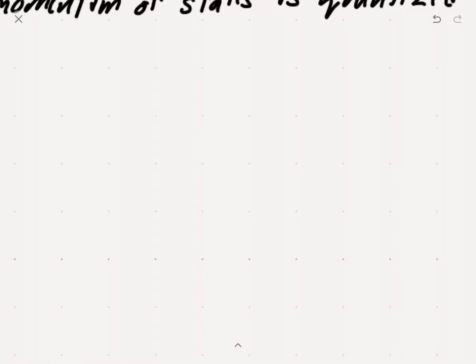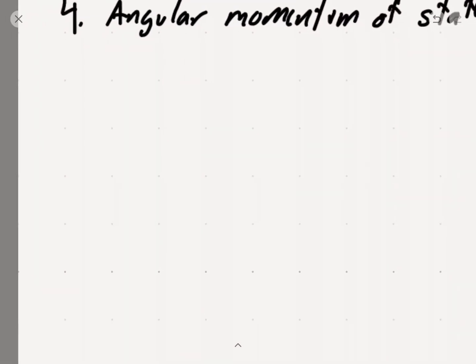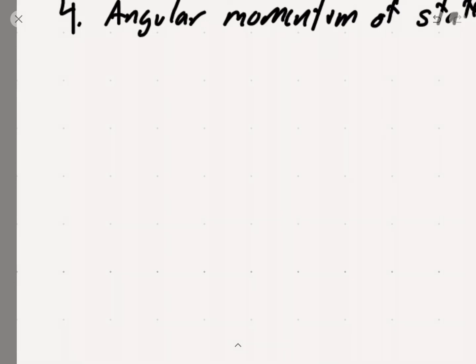So first, we're going to start with some simple things having to do with conservation of angular momentum and conservation of energy. So we have our angular momentum. And of course, we know the definition of angular momentum, and we're talking about a stable orbit.